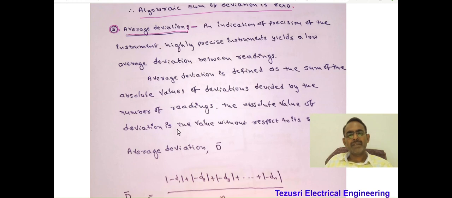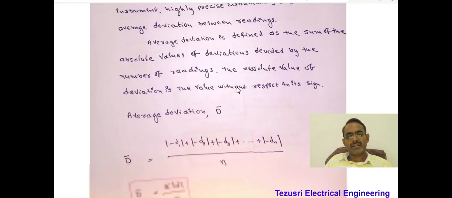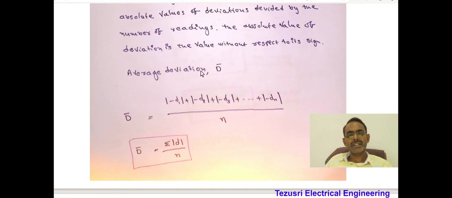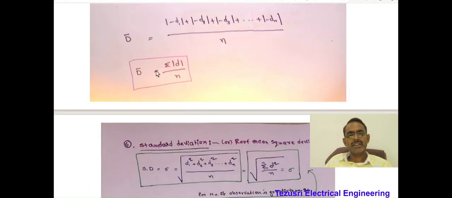The absolute value of deviation is the value without respect to its sign. Average deviation d bar, neglecting the sign, we sum up the deviations divided by number of samples. Average deviation equals sum of deviations by number of samples.